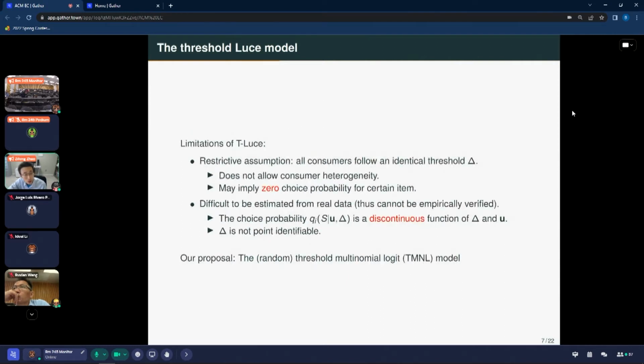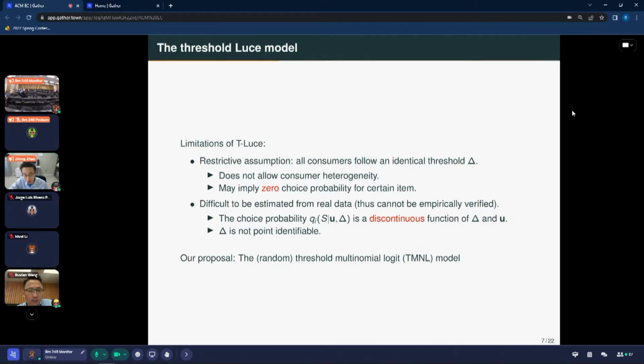Okay, however, there are also obvious limitations of this T-loose model. An obvious limitation is that it has a quite restrictive assumption that all the consumers follow the same threshold delta, right? This may not be reasonable in practice because some consumers may be willing to spend more time to search for the characteristics of each item.